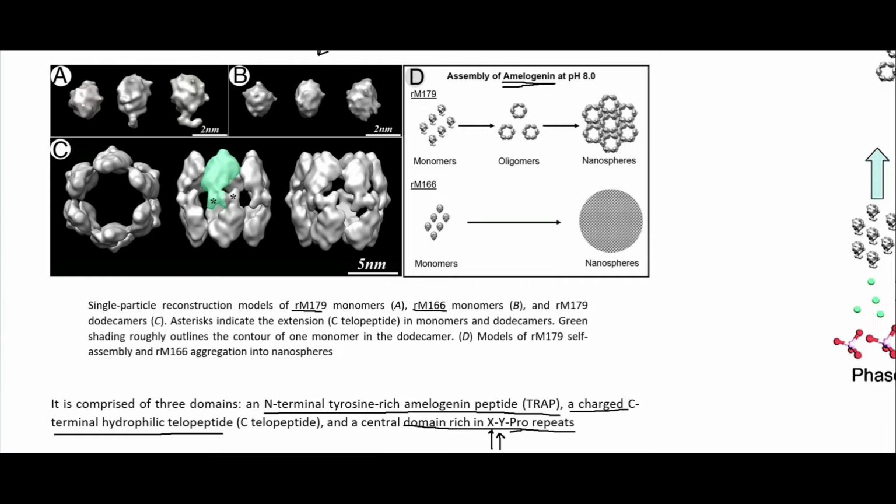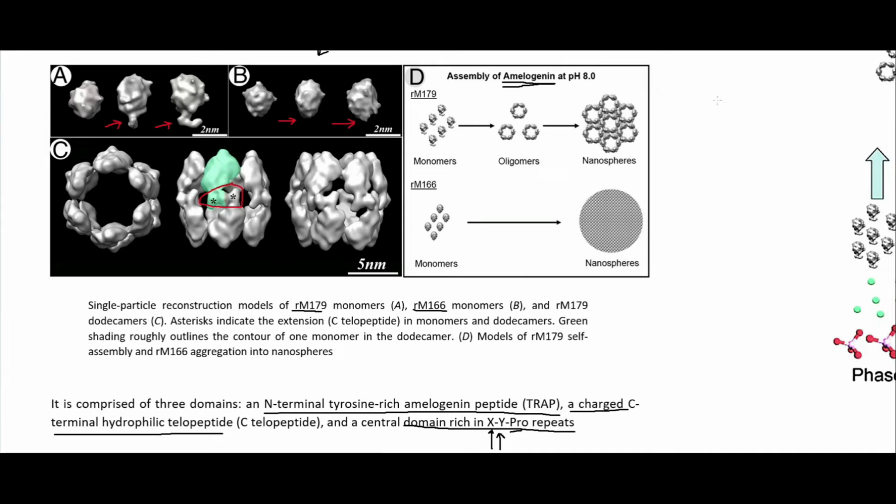And so what we see here, the truncation, in the full version, we have this right here, which is that C-terminal domain, which is missing in the truncated version. And what they show right here with these asterisks are the C-terminal domains, and those have to come together in order to form this larger complex.